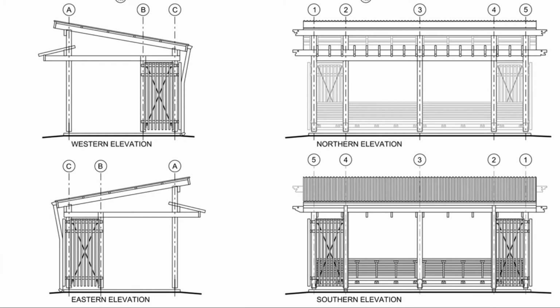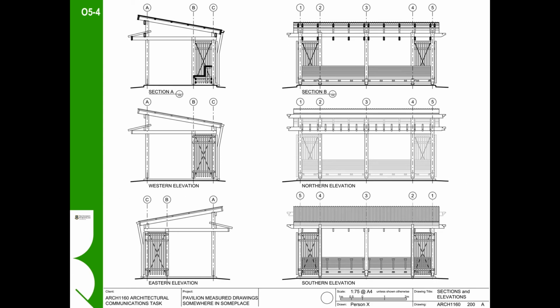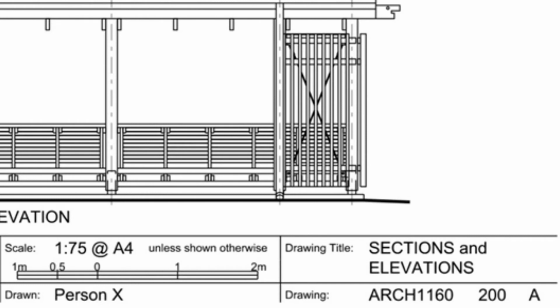The numbering of the grid should not be arbitrary, and we should always be consistent. This is in some ways like a secondary coordination device. We have included the title bar similar to the plan sheet. This sheet is numbered as 200. Elevations and sections are commonly numbered in a 200 series.